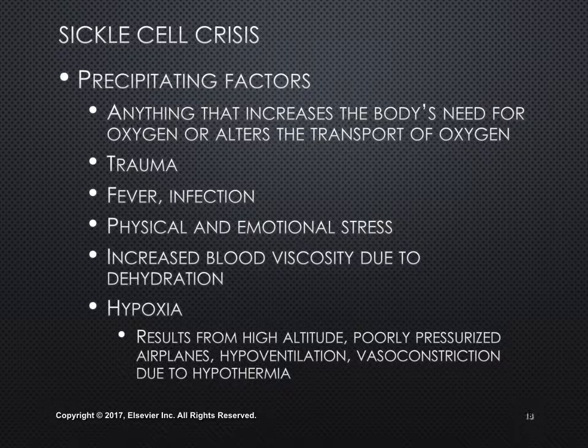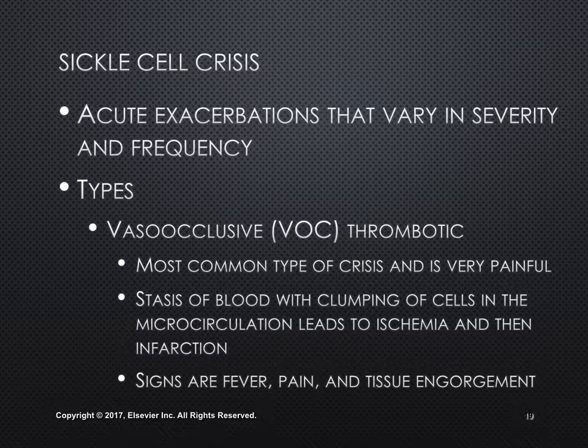Also, trauma, fever, infection, physical and emotional stress, increased blood viscosity due to dehydration, and hypoxia, like from flying at high altitude or being in poorly pressurized airplanes, anything that may cause hypoventilation, vasoconstriction due to hypothermia. So what happens with it is that you get acute exacerbations that vary in severity and frequency.